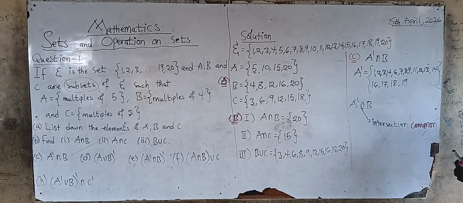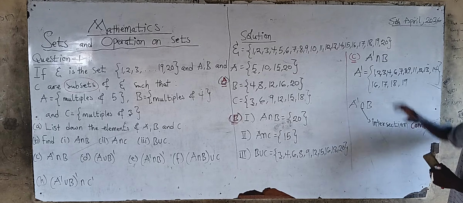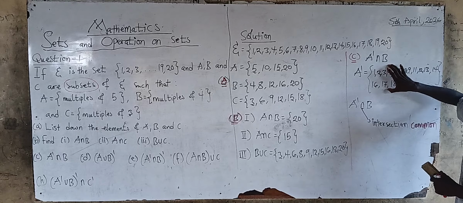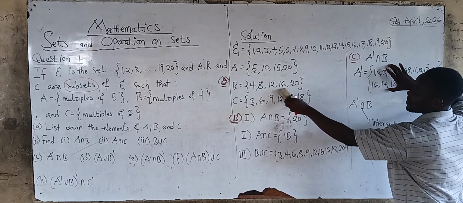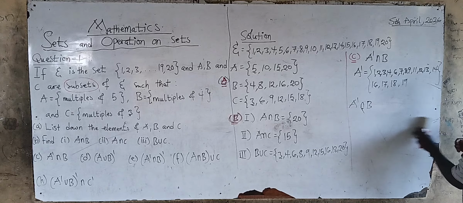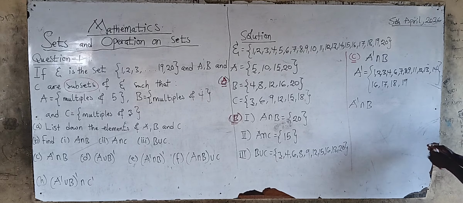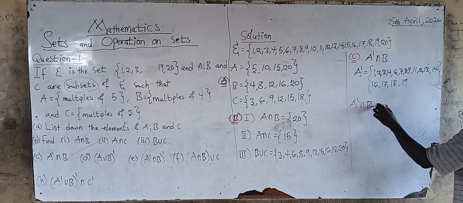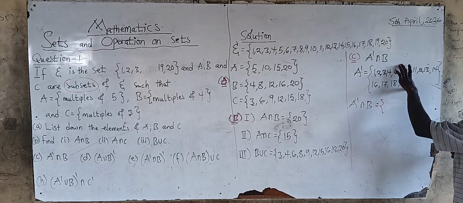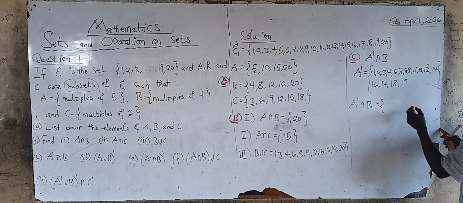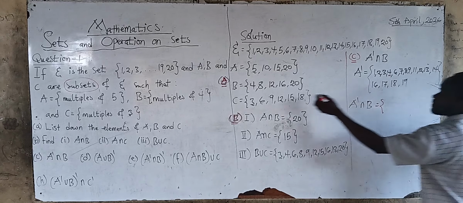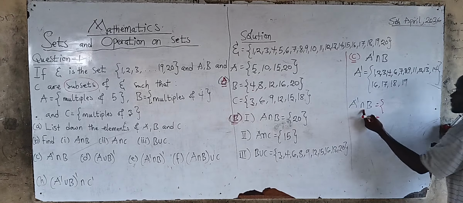Very good. So now when we look at the elements of the set A prime, or A complement, with that of the set B here, what do they have in common? What elements do I have here that are appearing here at the same time? If we look at it well, we can see 4 here, there's 4 there. Remember, we are talking about intersection.